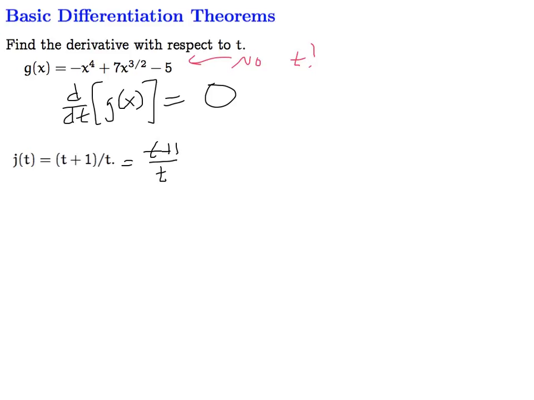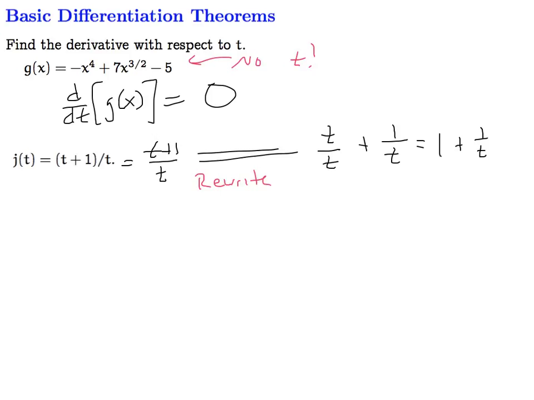And so none of our theorems seem to work unless we first take a minute and rewrite this function. So the key is we want to rewrite this function as t over t plus 1 over t. This is breaking it up from one fraction into two fractions. And this simplifies down to 1 plus 1 over t.